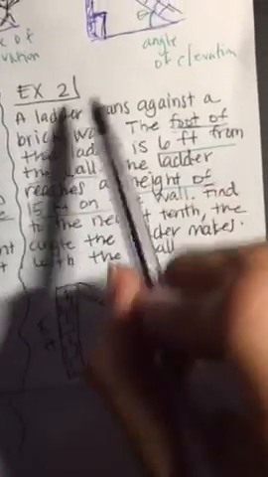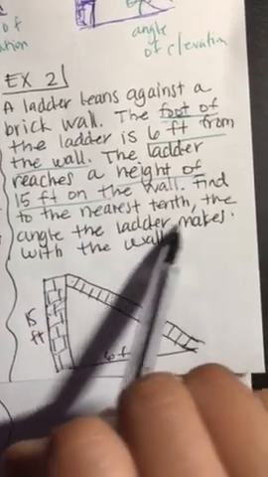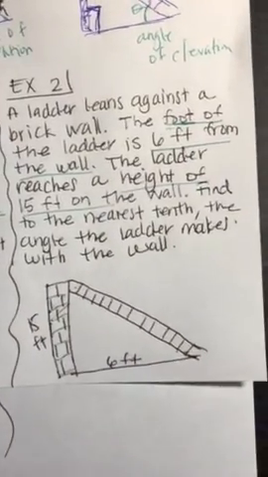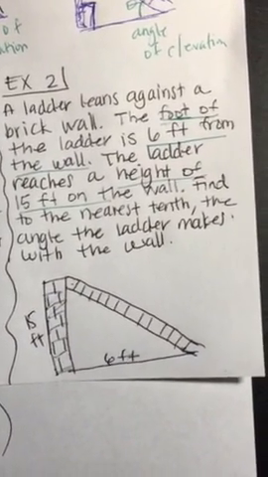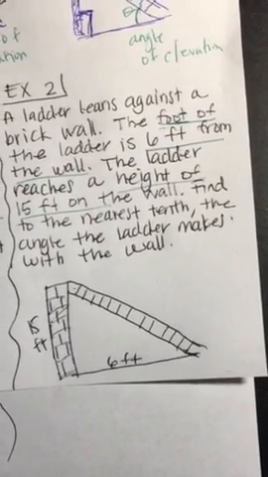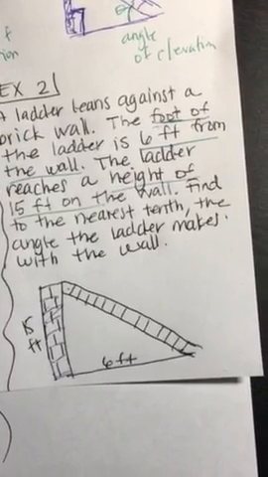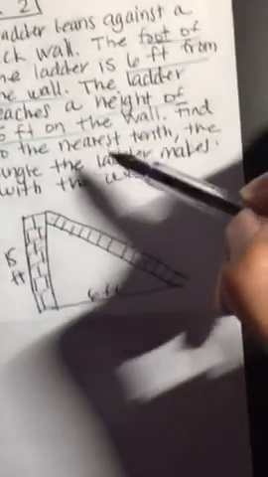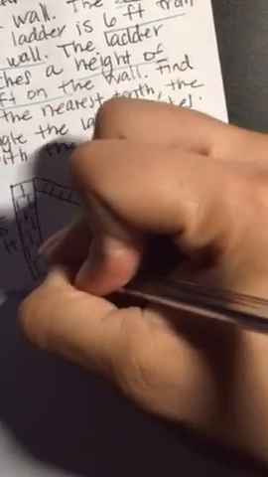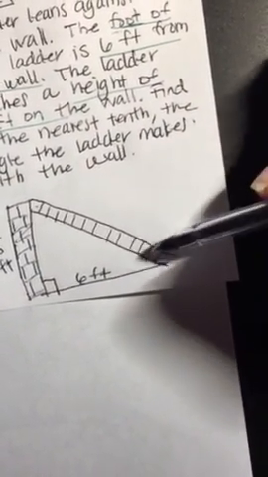So again, the height of the ladder. Now what they're asking us to find is the angle the ladder makes with the wall. So am I talking about this angle? I know this one's my 90-degree angle because we're always assuming that these are vertical.